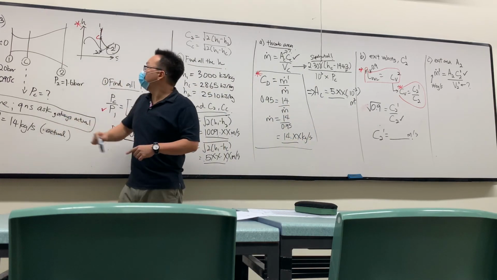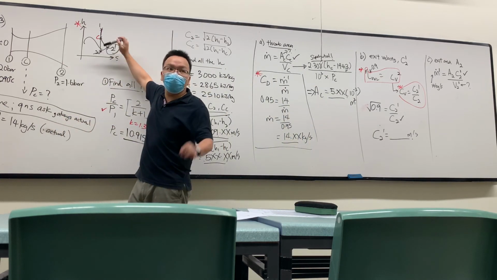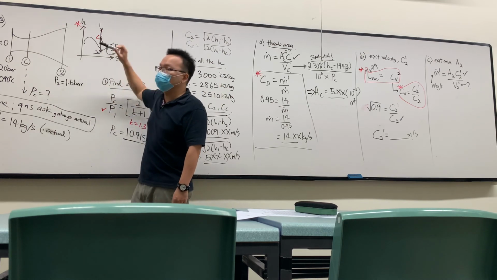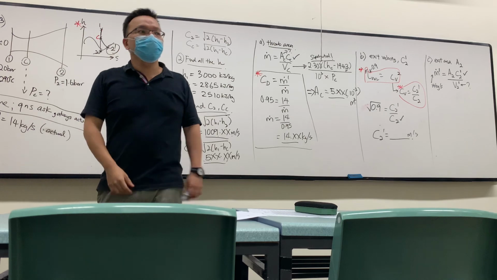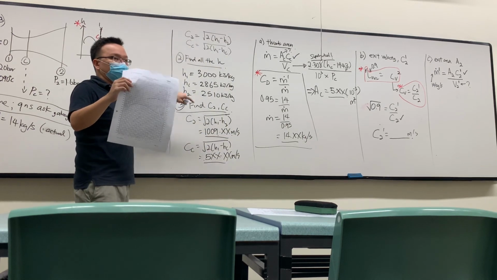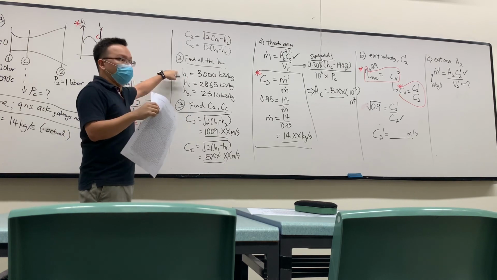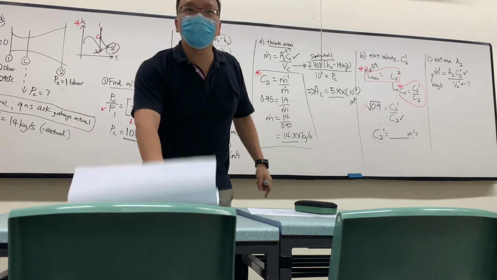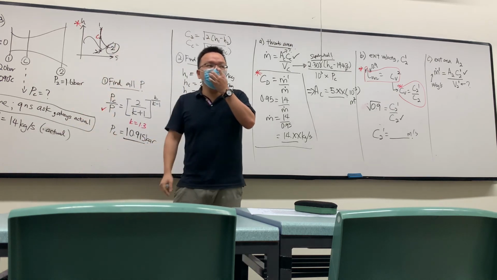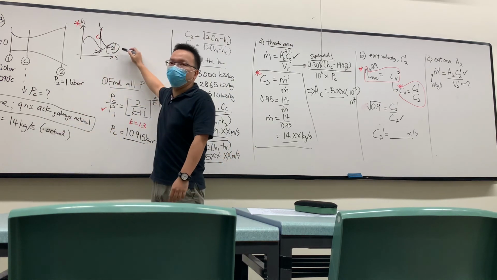Number one, you found this, am I right? On your steam chart now, do you have 1, C2? Yes. You found this, but you don't have 2 prime. So the thing you don't have is your 2 prime point.